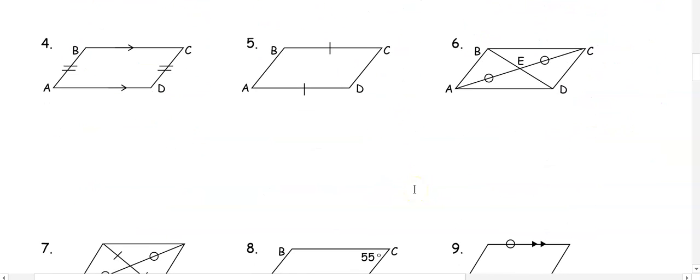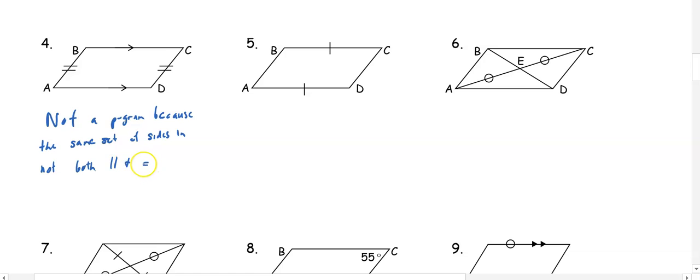In number 4, we have that BC is parallel to AD, and we have that the other two sides are congruent. But it's not on the same set of sides, so this would not be a parallelogram because the same set of sides is not both parallel and congruent.